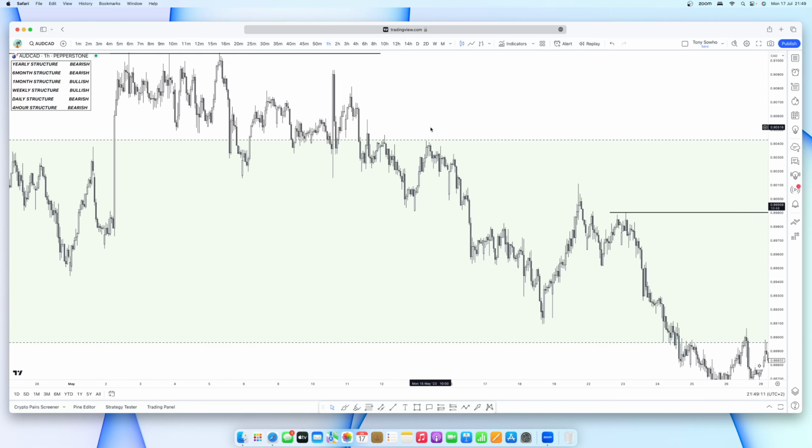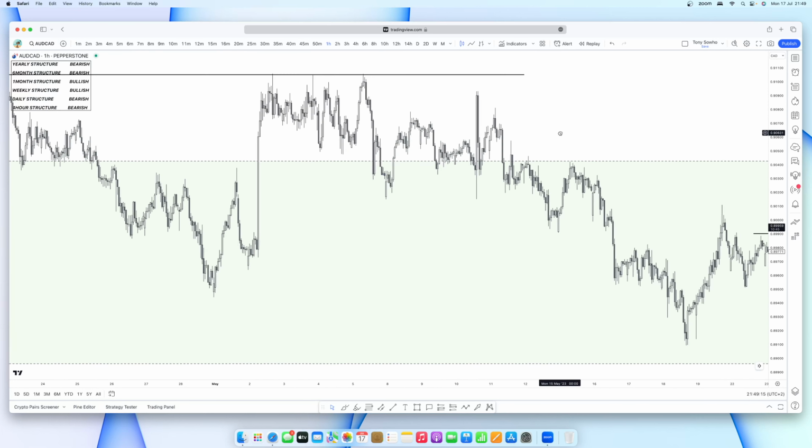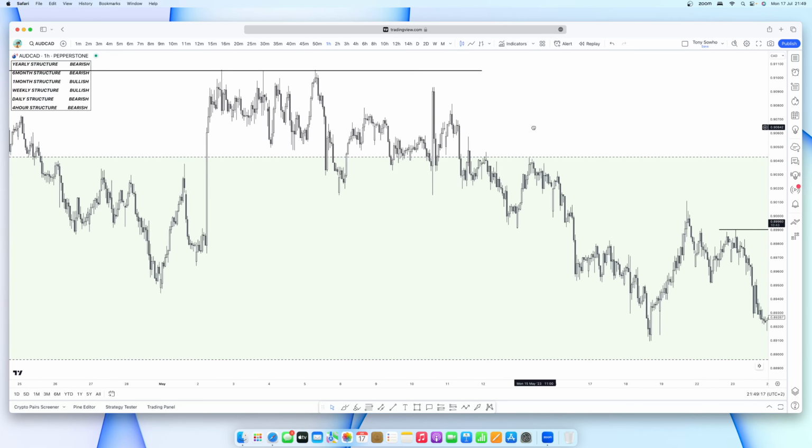Yes, look at this. Now, in this area, what can we see? Although we have this liquidity, this is for later. What we can see is that the structure of the market was coming to the downside. Price gave us this higher high, higher low, higher high, and then price broke the structure, giving us this lower low, lower high, lower low.